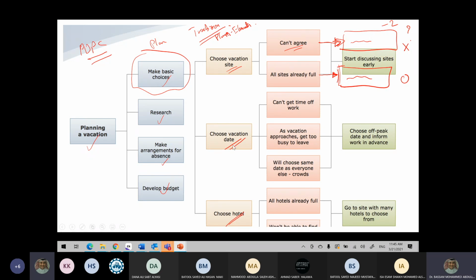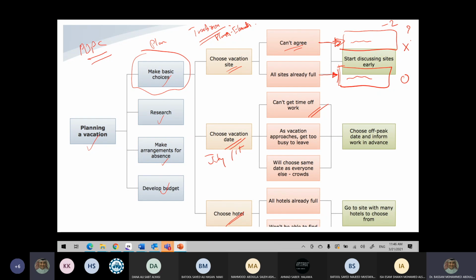Let's see the vacation date, for example. So I want to go in July 1st. As can't get time off work. That means you tried to get time off work, but you couldn't. It's possible, right?